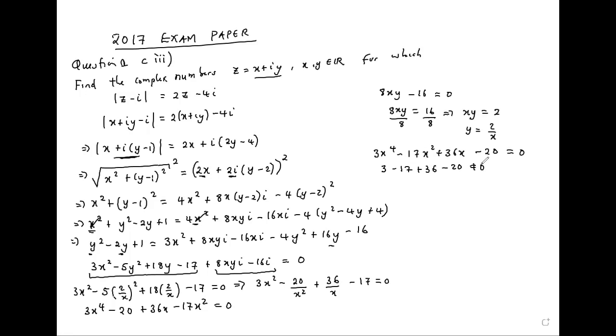If we use negative 1, we're going to have 3 minus 17 minus 36 minus 20. This is not 0. It's not 0. So we use 2.